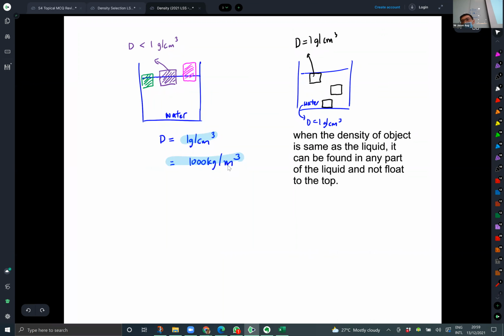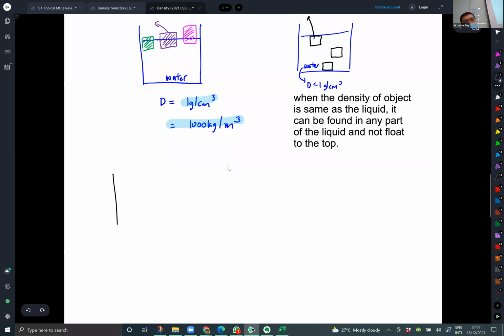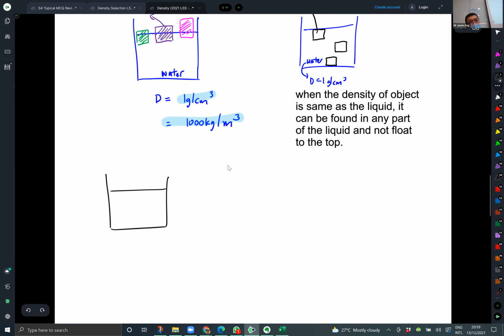Okay, so why am I teaching this? Because we came across a question that looks something like this. The question gave a scenario where there is water and then there is a wooden block that is submerged. In the diagram, the wooden block wasn't entirely submerged.